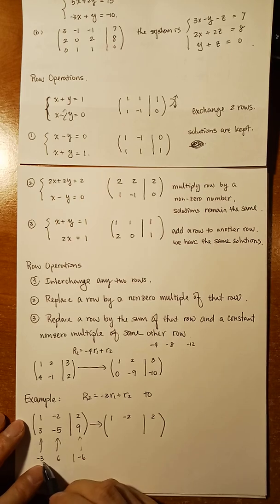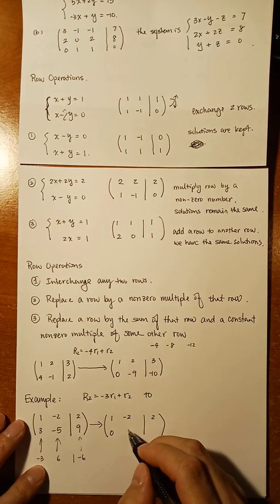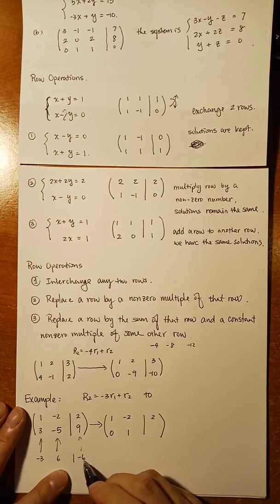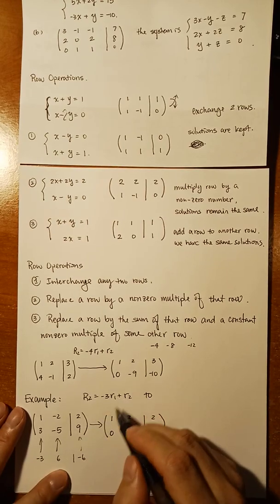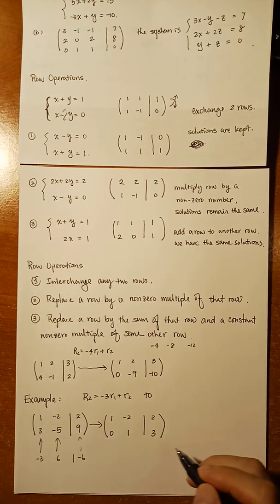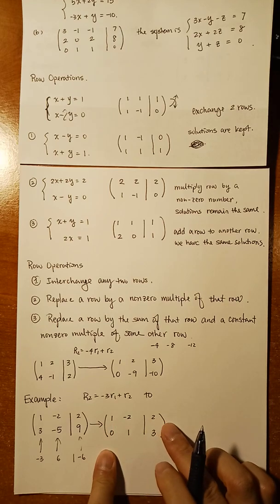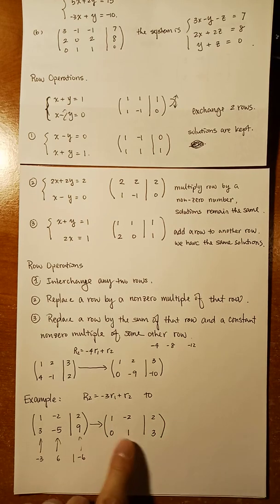3 plus -3 is 0. -5 plus 6 is 1. 9 plus, this is addition, 9 plus -3 and -6 is 3. So after this operation, the first row is unchanged and the second row becomes 0, 1, 3.